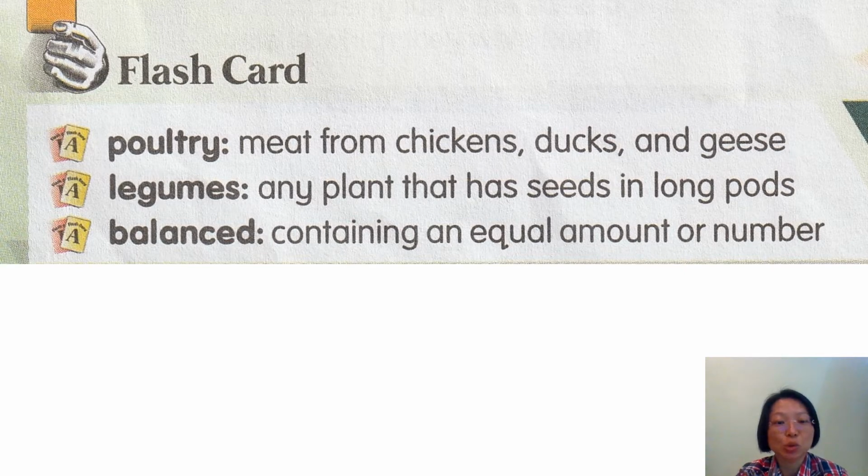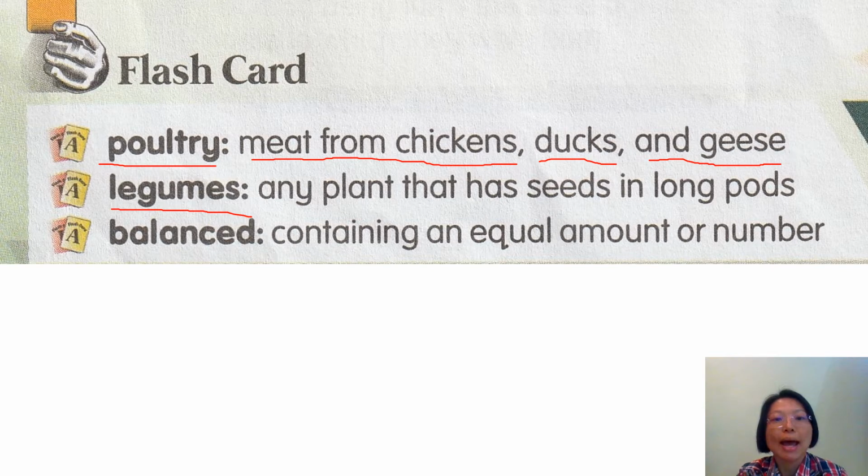Let's look at the first word. Poultry. What is the meaning of poultry? Poultry is meat from chickens, ducks, and geese. The second word is legumes.